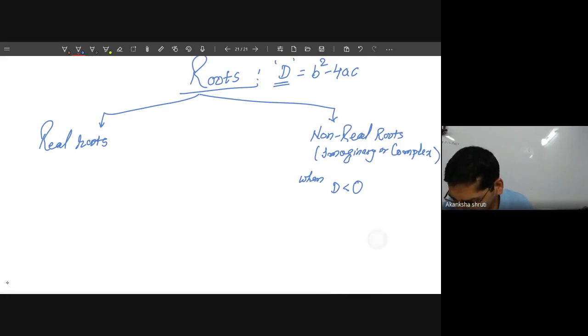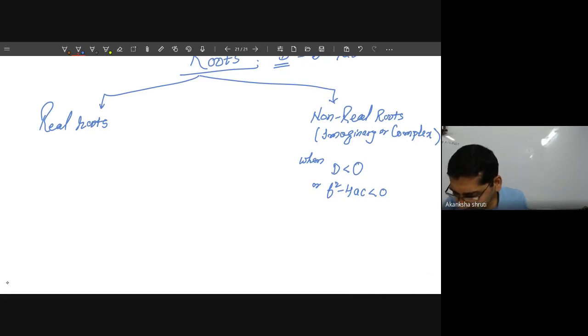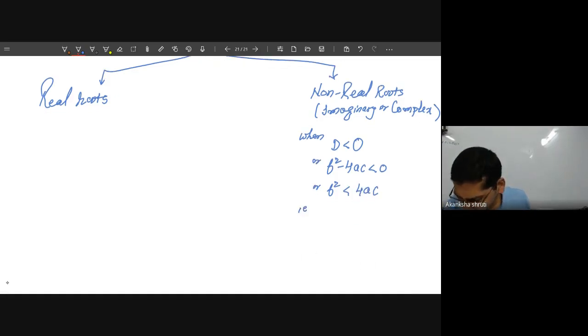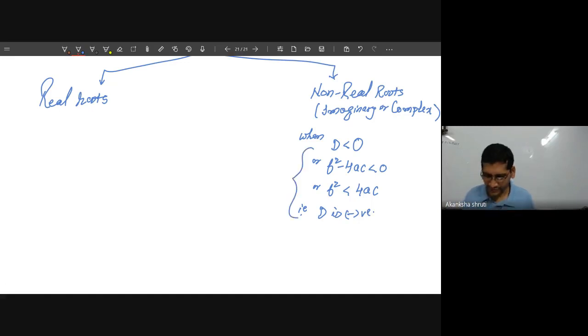Or in full form it may be written b square minus 4ac is less than 0, or b square is less than 4ac. All mean the same thing. Okay, students, that is D is negative. In whatever way it is written, all mean the same.